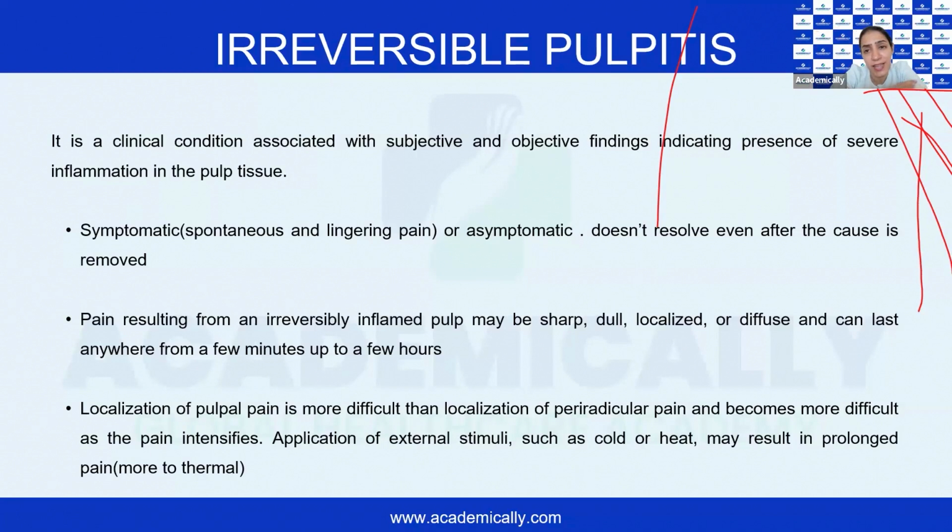It can happen, but the intensity would be less. It is when a patient bites onto something, a chocolate or a sandwich, which gets stuck in a cavity. It takes a while for the inflammatory mediators to create reversible pulpitis symptoms.